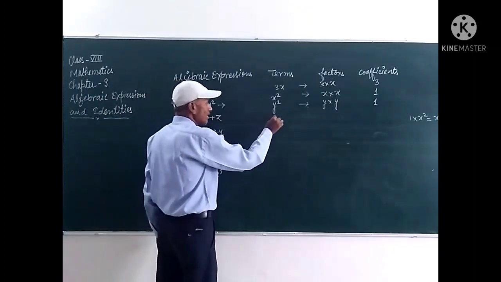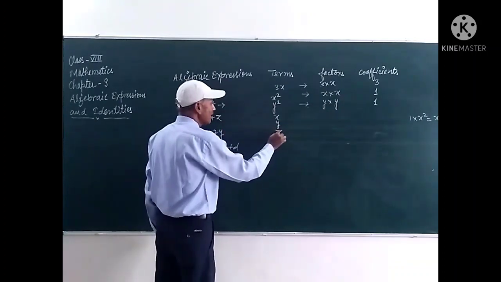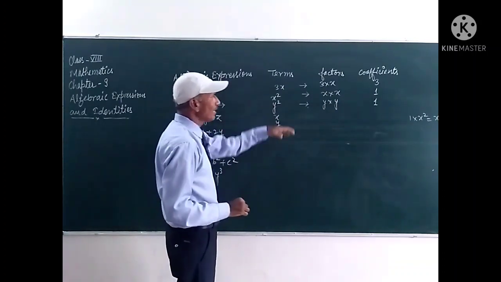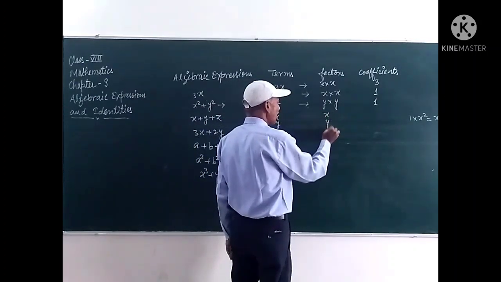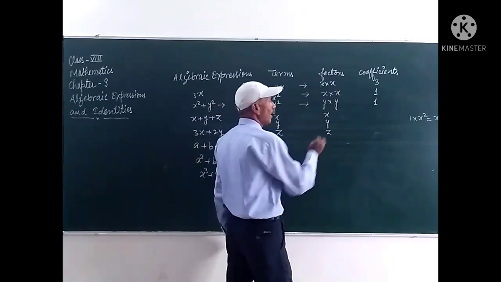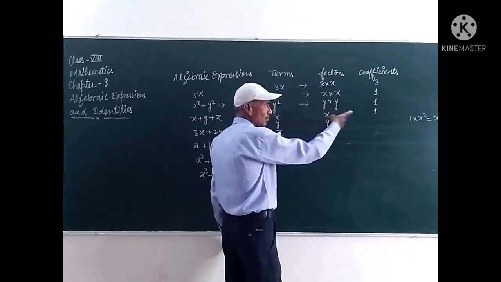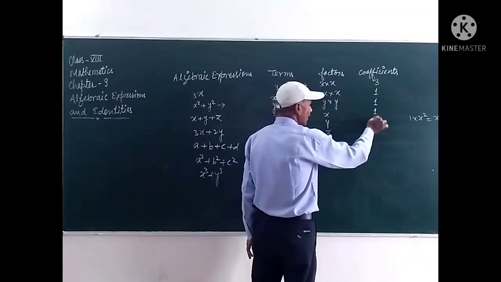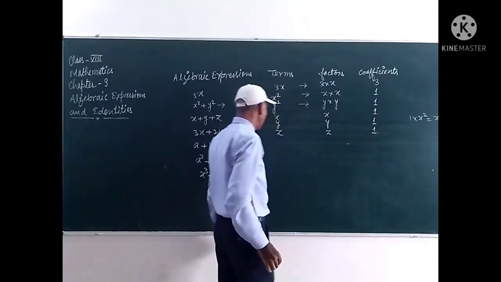Now in x plus y plus z, there are three terms. First term is x, second term is y, and third term is z. Factors are x, y, and z only. And coefficients: coefficient of x is 1, coefficient of y is 1, coefficient of z is 1.